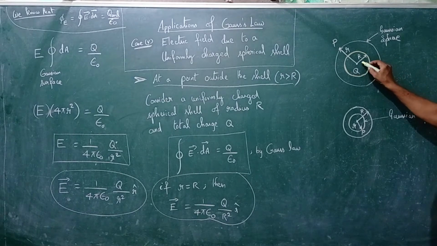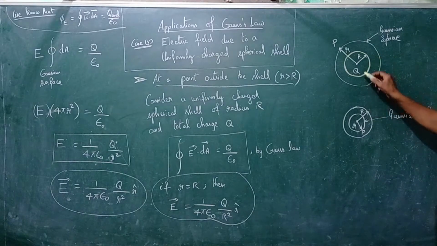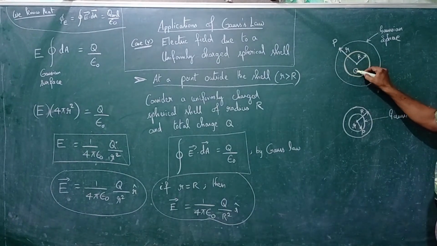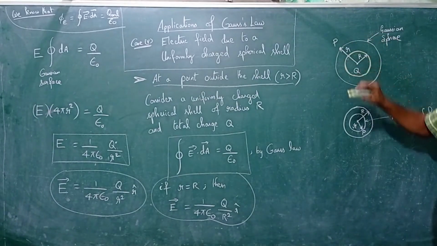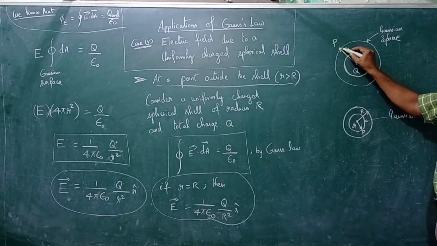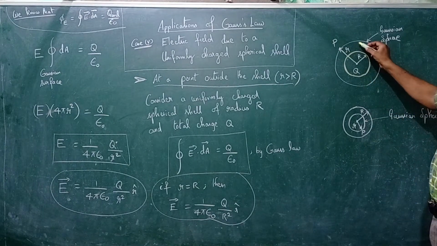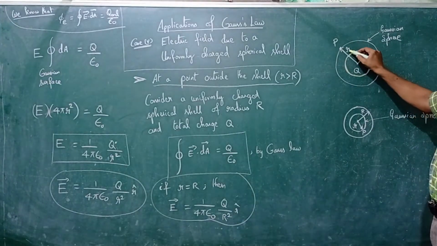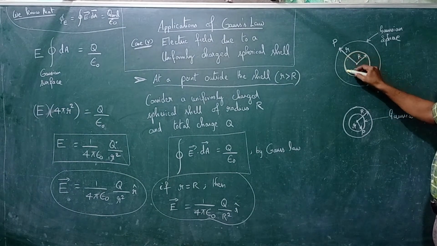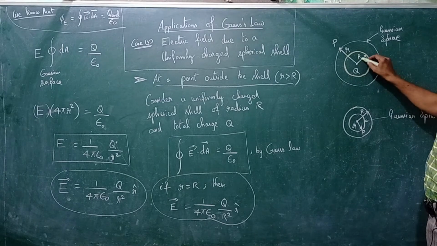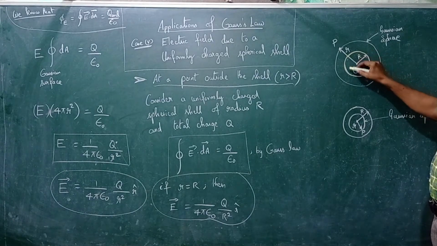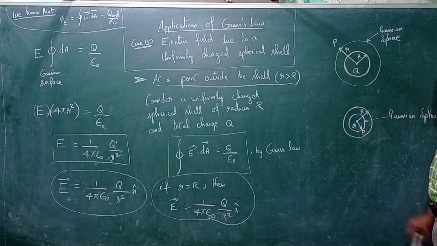Okay, the radius is R and inside that you have a charge q. Now we are considering a Gaussian sphere whose radius is small r. That means the Gaussian sphere radius is small r and the shell, which is also spherical in shape, the radius is R and the charge enclosed by that spherical shell is q.